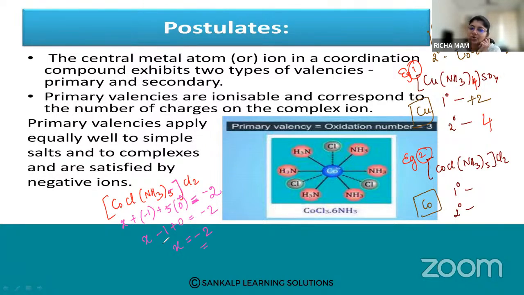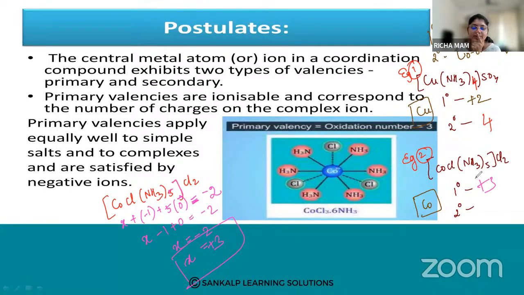So cobalt is -1. Here it becomes 5 into 0. It should be +3. The charge should be +3, so the primary valency will be +3.